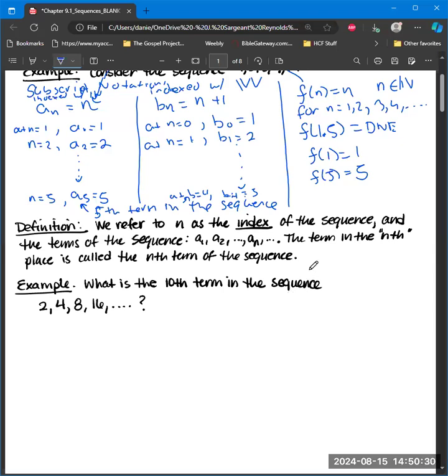The term in the nth place is called the nth term of the sequence. This is assuming we index the sequence with the natural numbers.